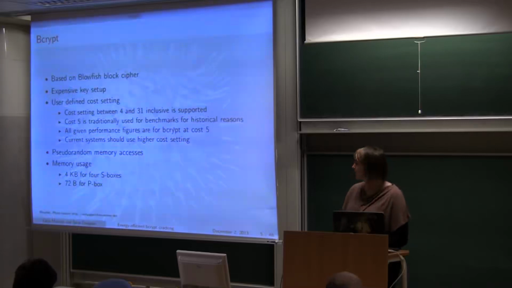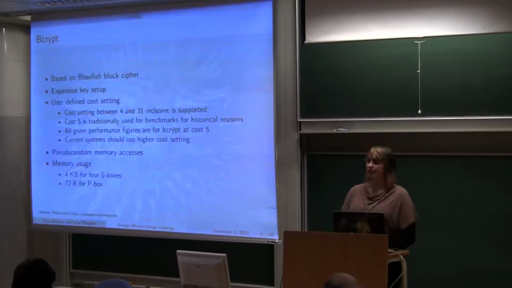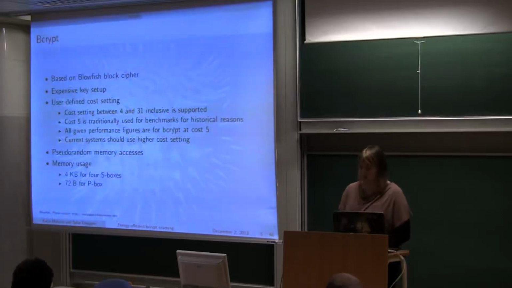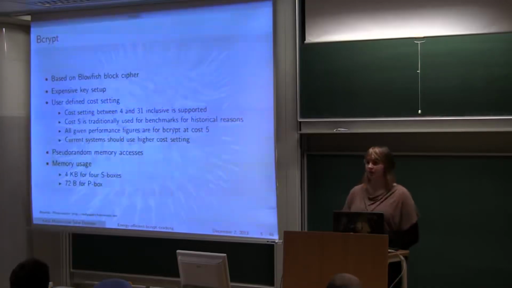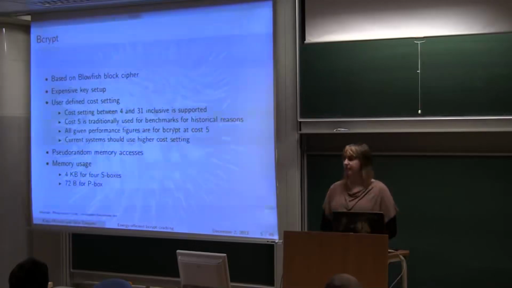And the last thing is memory usage, where we have 4 kilobytes for storing S-boxes and 72 bytes for storing P-boxes. It's important to say that for historical reasons, the cost used for bcrypt is 5, and all figures used in the talk will be for that cost setting, but it's not recommended to use it for protecting your own system. It should be higher, such as 10 or 12.